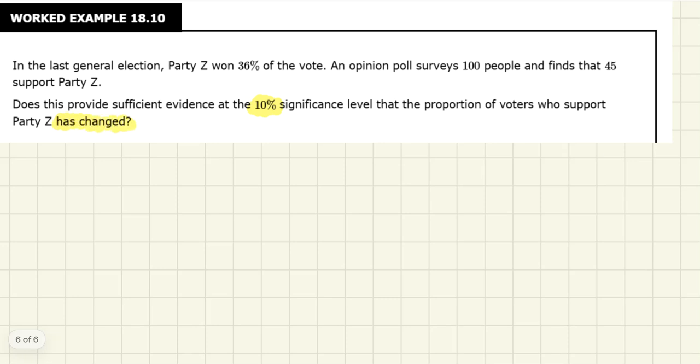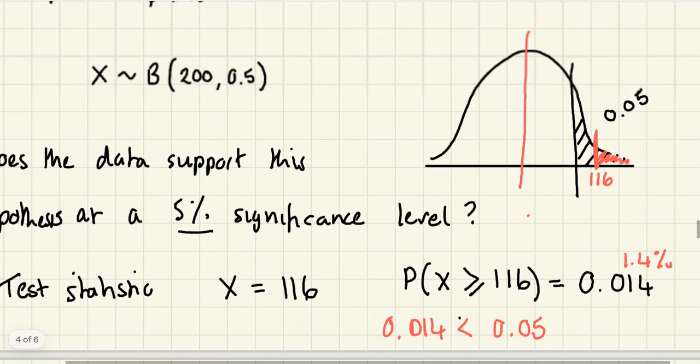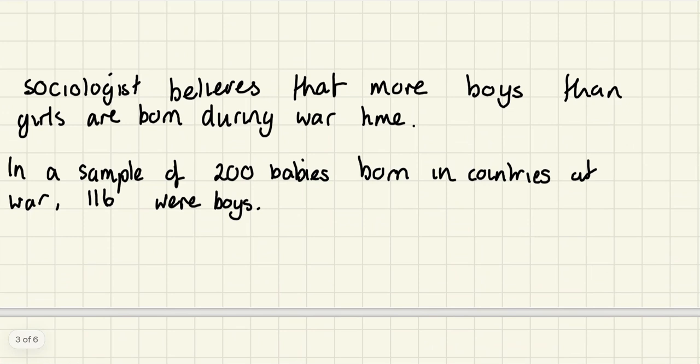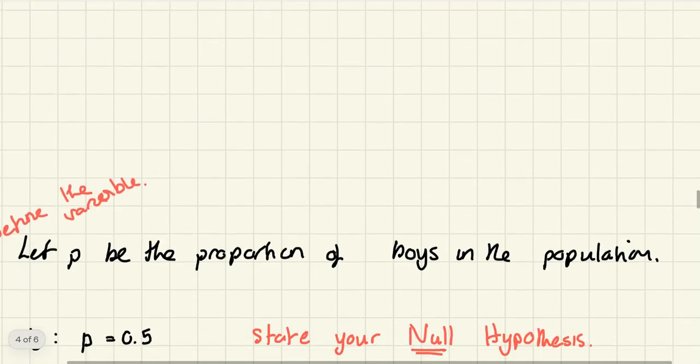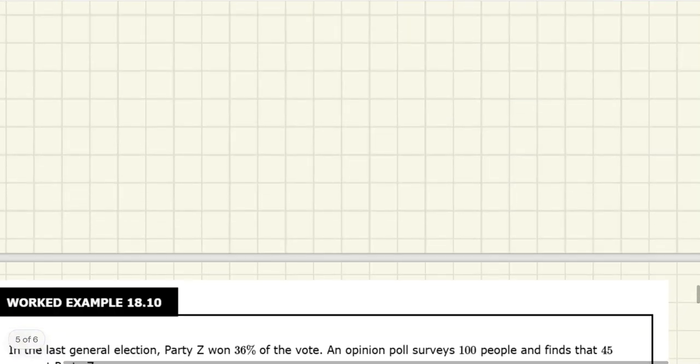Whereas in the previous question, she was saying something specifically different, which was more boys than girls. So we had an alternative hypothesis that the probability was greater than 0.5.